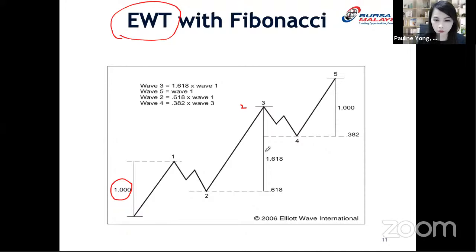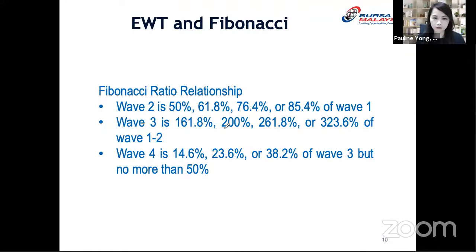Okay, never mind. So we go back to the rules again and see if we have covered them. That will be wave number 3. Then wave number 4 is the correction part, whereby we are looking at 14.6, 23.6, 38.2 of wave 3, but no more than 50%.